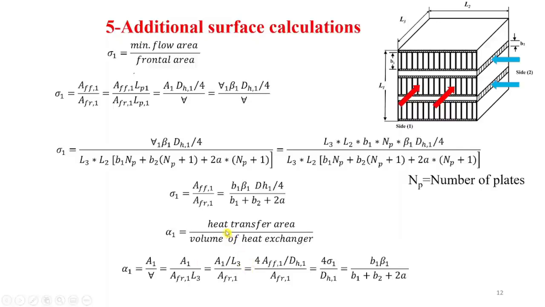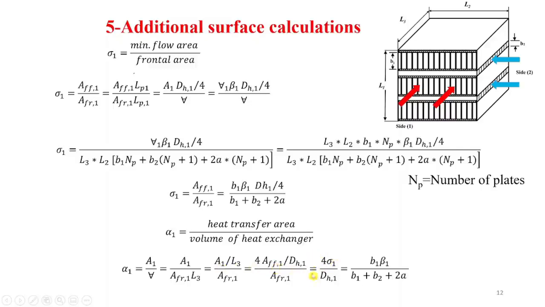It is defined as the heat transfer area divided by the volume of the heat exchanger. So A1, the heat transfer area divided by the volume. The volume can be written as the frontal area divided by L3. And also we can write the heat transfer area in terms of the free flow area.